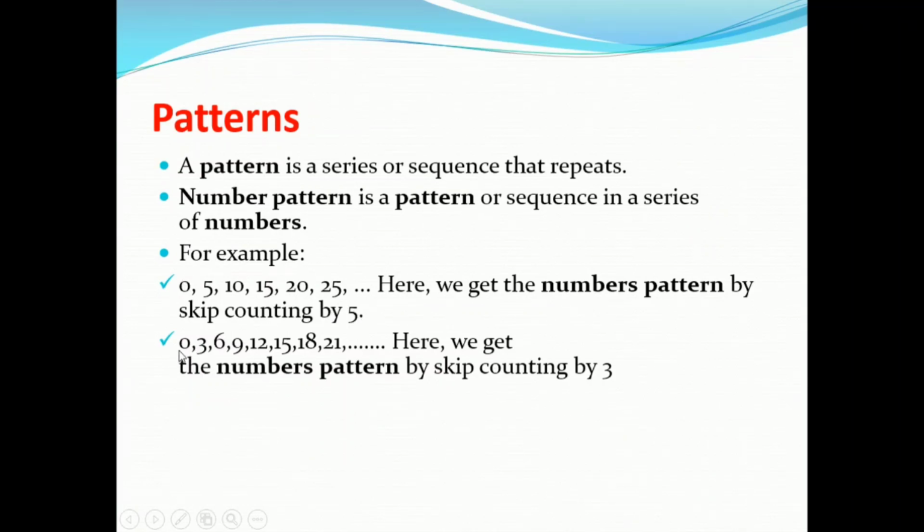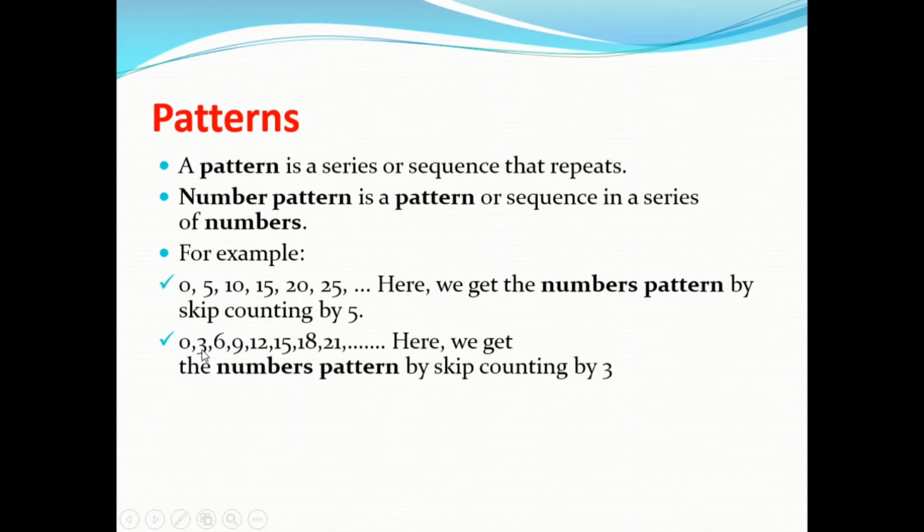Next example is 0, 3, 6, 9, 12, 15, 18, 21. This is the number pattern. How do we obtain this number pattern? See, here we get the number pattern by skip counting by 3. See how it works. 0 plus 3 is 3.